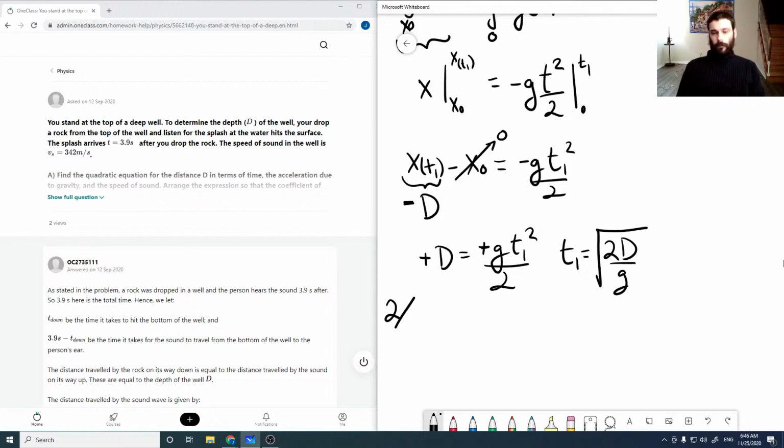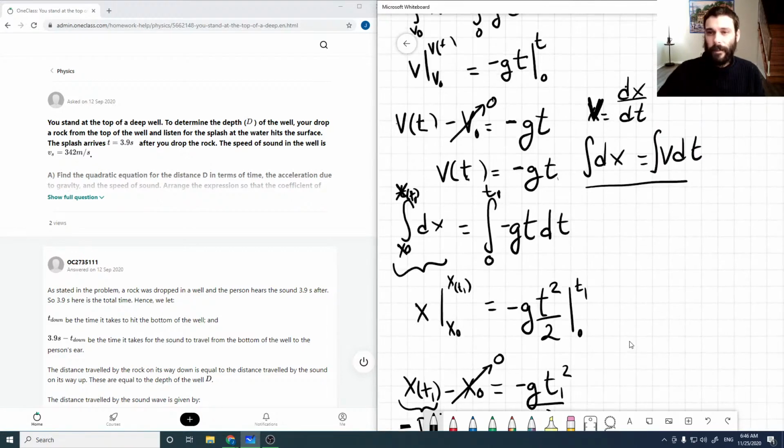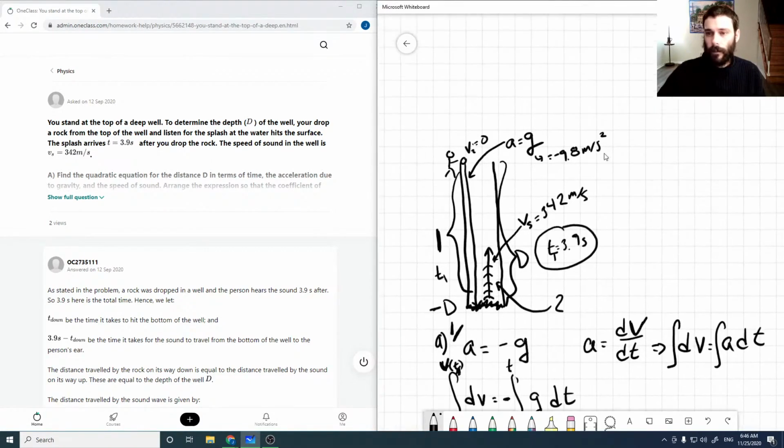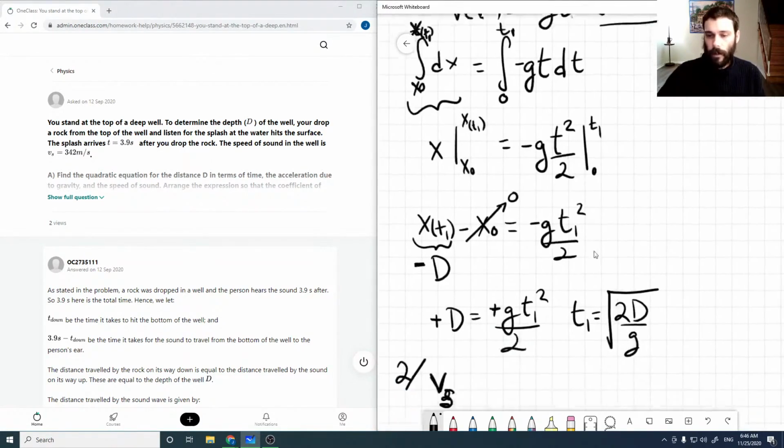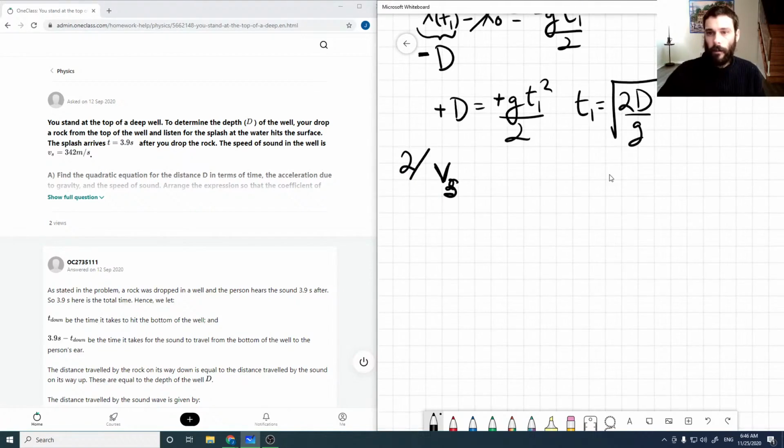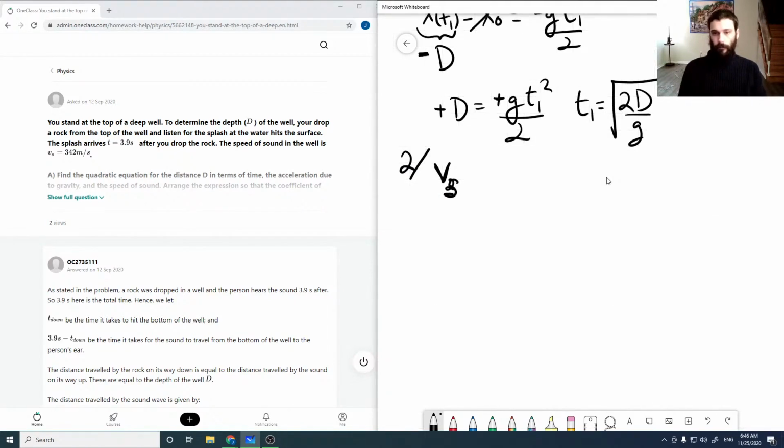Now for our second leg of time, it's just the speed of sound part. In this case, our velocity is constant, meaning we can express our velocity in our second case, which I'll call Vs, as distance over time, which is just d over t.